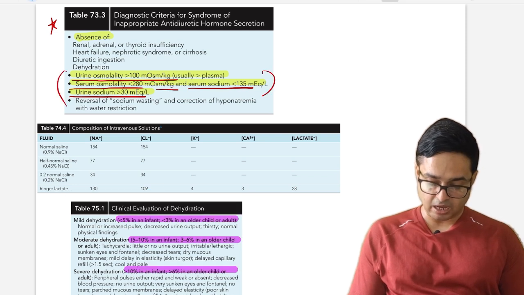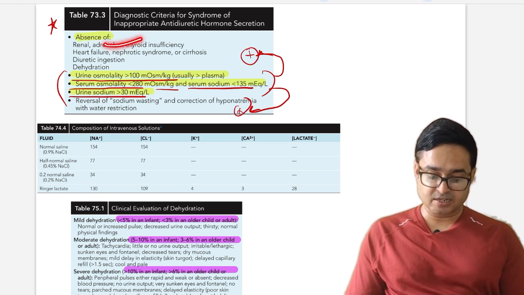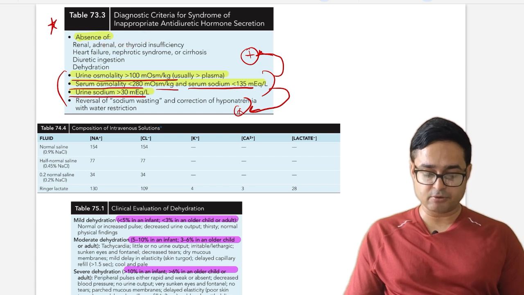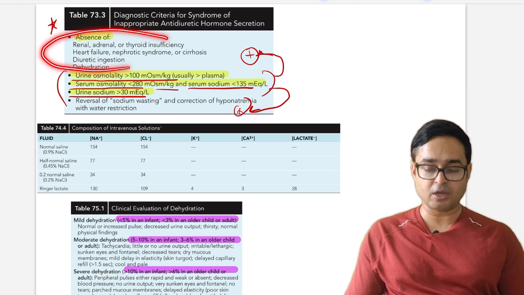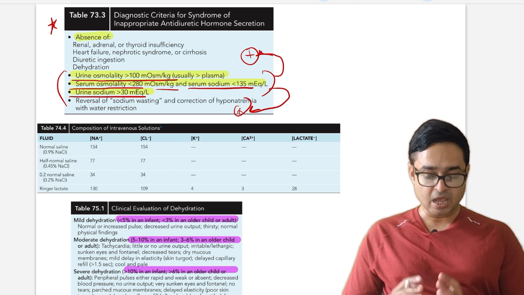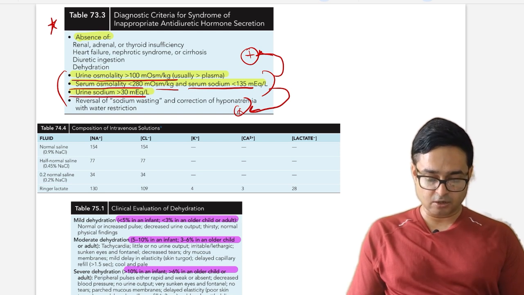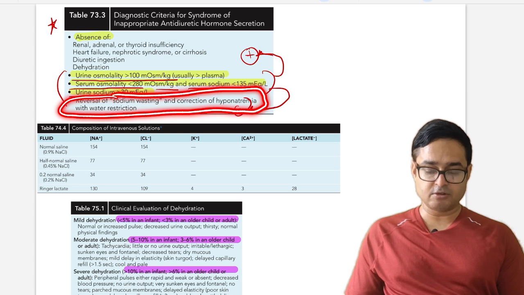Along with them, two things are there, plus. What are the plus? Absence of renal, adrenal, thyroid disease, heart failure, nephrotic syndrome, cirrhosis, diuretic ingestion, and dehydration. These things including dehydration should be absent from your patient, along with reversal of sodium wasting and correction of hyponatremia with water restriction.